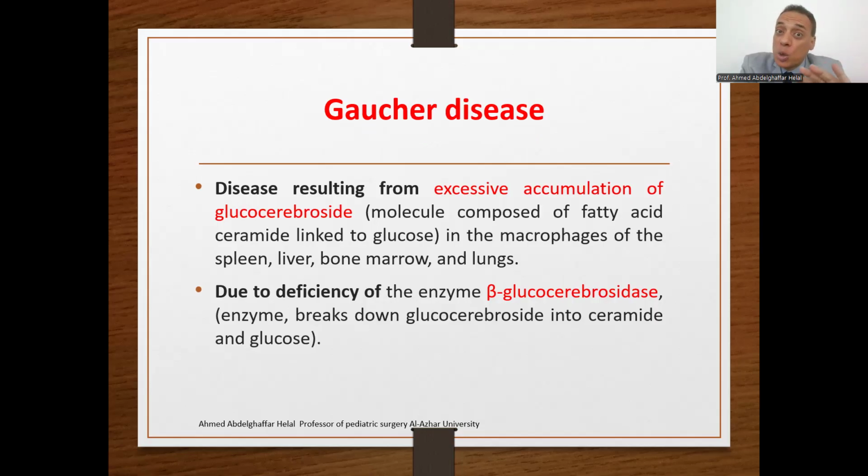Why is this component accumulated? Due to deficiency of the enzyme called beta-glucocerebrosidase, and this enzyme is responsible for breaking down this component into ceramide and glucose. Absence of this enzyme will lead to this fatty precipitation. It's a fat molecule with fatty precipitations in the spleen, liver, and bone marrow.